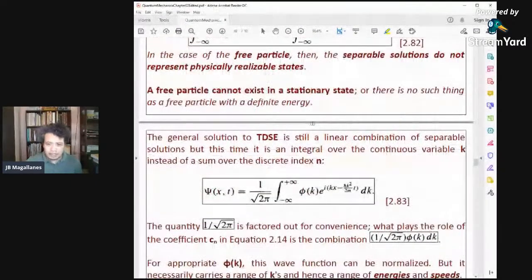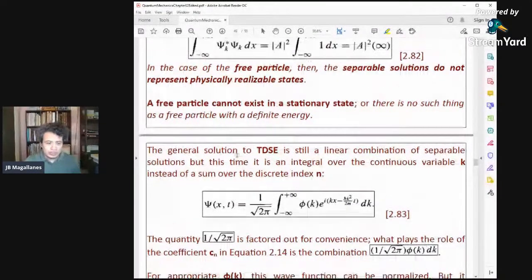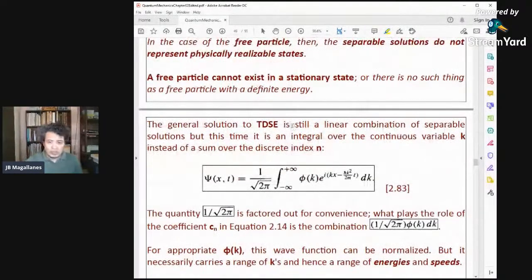But of course, the general solution to the time-dependent Schrödinger equation is still a linear combination of separable solutions, but it's now in the form of an integral, not a summation, because we are now dealing with continuous variables.